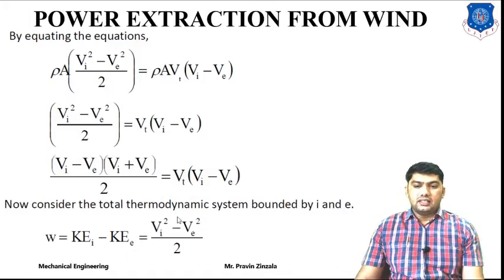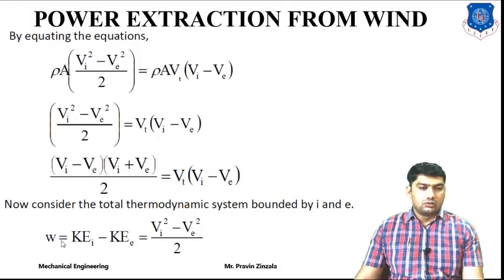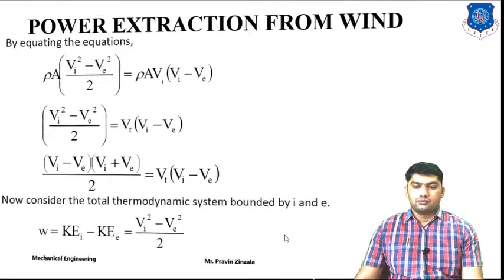Now we will consider the total thermodynamic system boundary by I and E. So we are applying the boundary condition at the incoming side and exit side. The change in kinetic energy is equal to work. So the kinetic energy on the incoming side minus the kinetic energy on the exit side, so we can say 1/2 m v square, Vi square minus V square by 2.